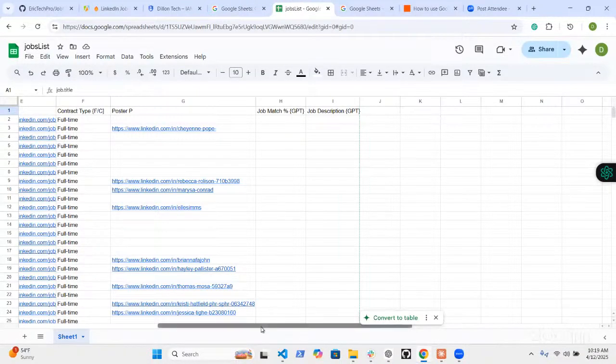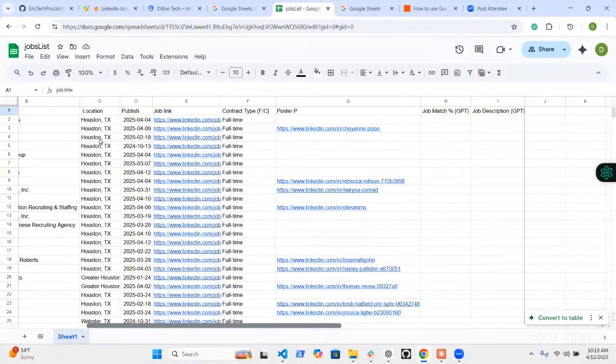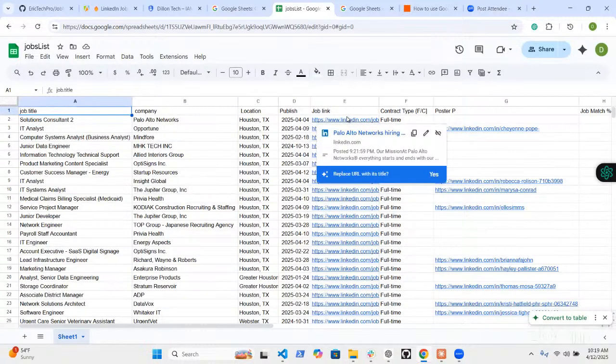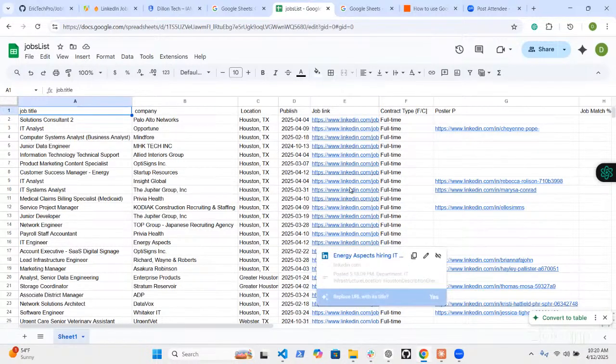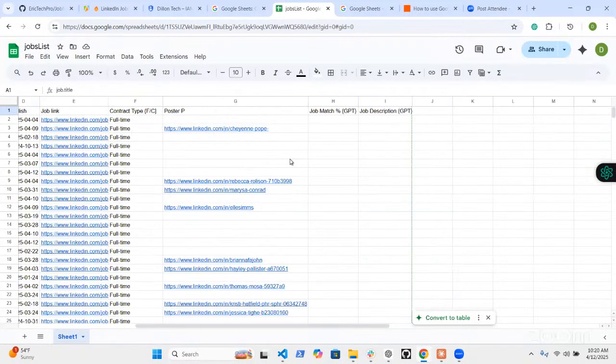It gave me a list, like a data type of thing for Houston. It gives me the job title, company, location, and the job link. I can apply to it right from here instead of going through the job searching of all of them. But the percentage thing is what I really need. It'll give me the job description and the match, like 80%, 20, 30, 70, 60. If I don't match for it, I don't match for it.